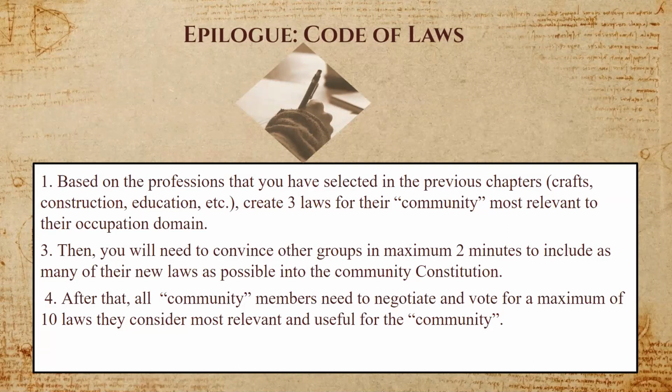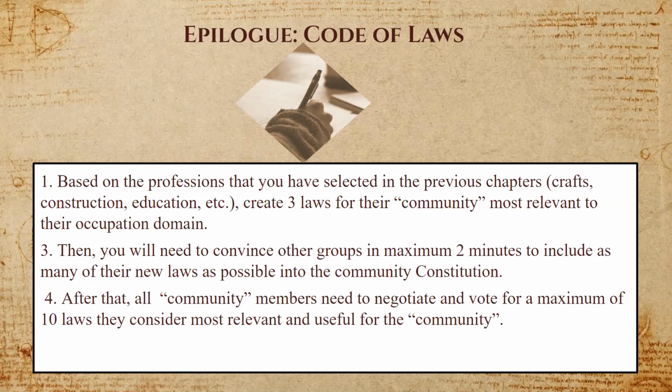Another chapter is called the epilogue. The epilogue is a code of laws based on the professions that they have selected in the previous chapters: crafts, construction, education, etc. They have to create 3 laws for their community, most relevant to their occupation domain.